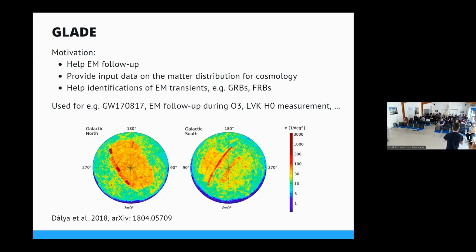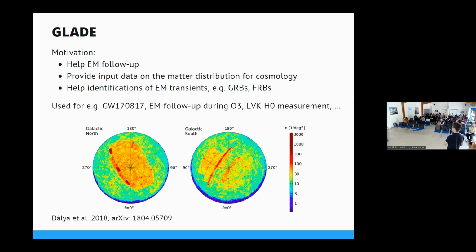So these were the main motivations when we back in 2018 created the first version of the GLADE catalogs to have the EM follow-up, to provide some input data for the cosmological inference with gravitational waves. But also later we realized that a lot of teams started using the catalog for identifications of EM transient hosts.